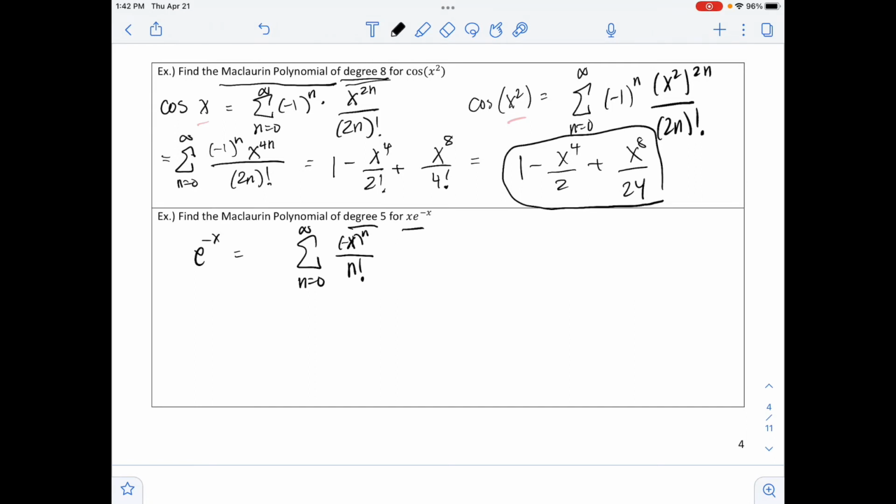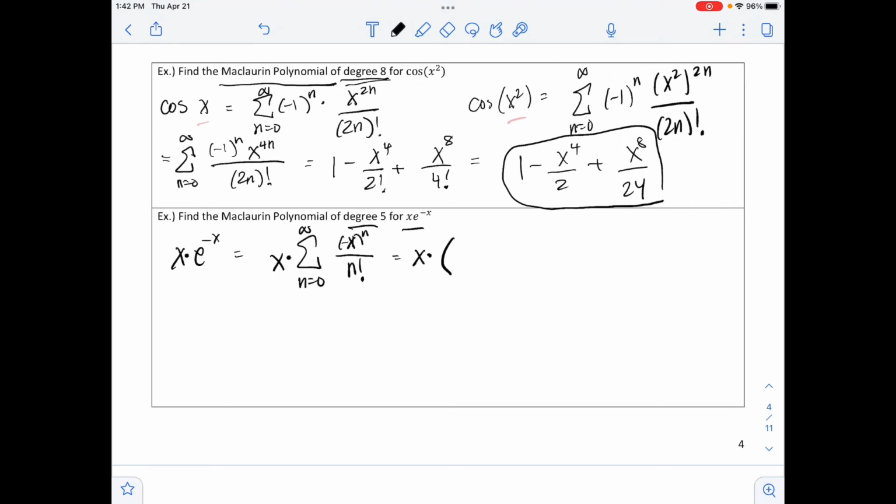But you'll notice also that we have an x times e to the negative x. So I'll put that x out in front of my summation. And so from here we have x times, and then evaluating this and expanding it out.